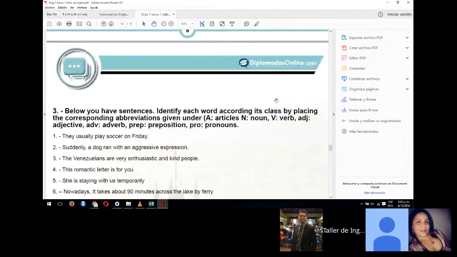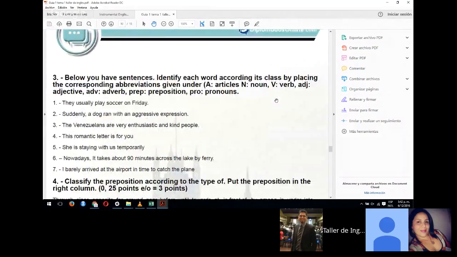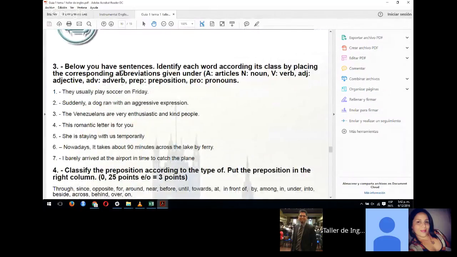The third activity is, in these 7 sentences, you have to identify each word, okay? And you have to write the abbreviations.